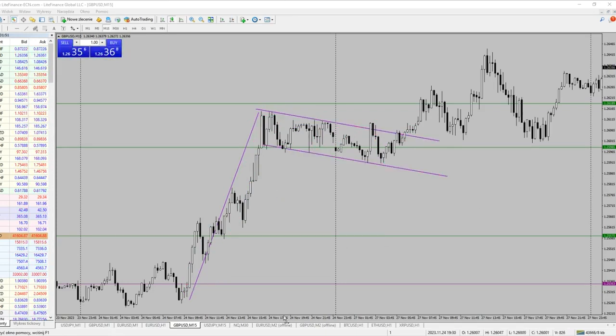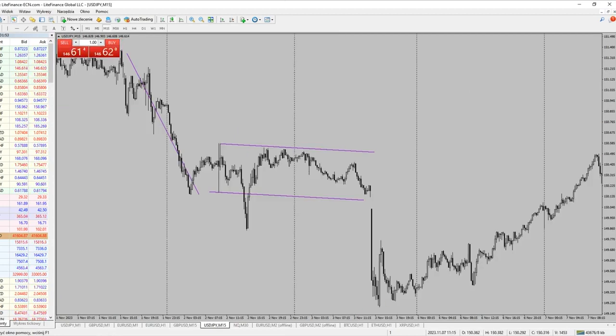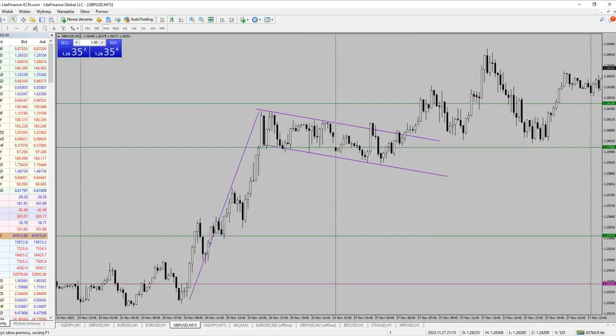Also, when it comes to the bear flag, we have the example here. More we are going to discuss in a second, especially that I want to discuss with you some tricks when it comes to flag trading. Now, bull flag formation occurs in an uptrend, of course. That's going to be opposite when it comes to the bear flag, something like this.